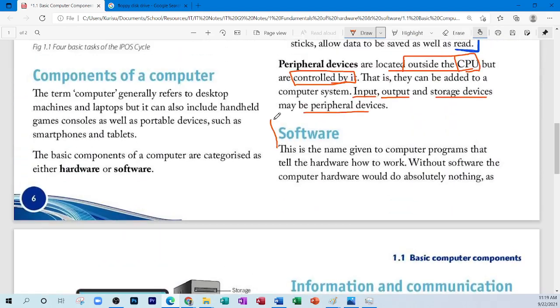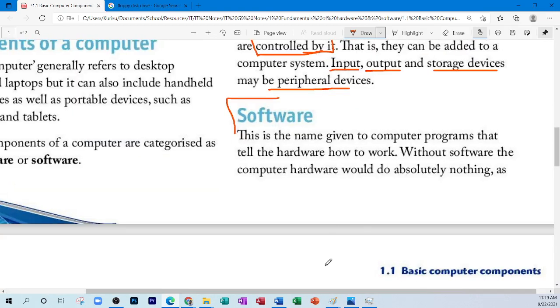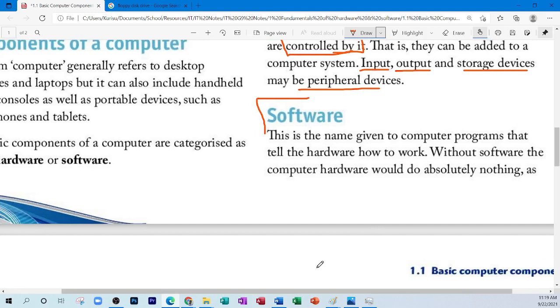So from software to computer program, can we have Balkisun? Can you read that for us? Software. This is the name given to computer programs that tell the hardware how to work.